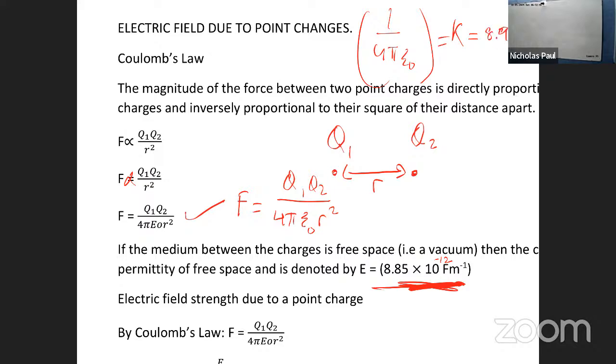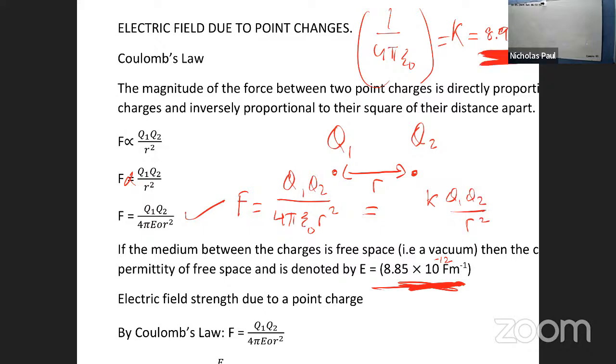So you have that value as well. So instead of writing Q1 Q2 all over 4 pi epsilon, you could also write K Q1 Q2 on R squared. And K is this value here.